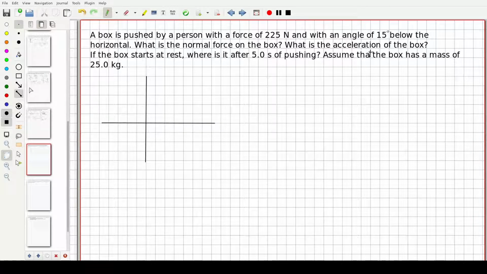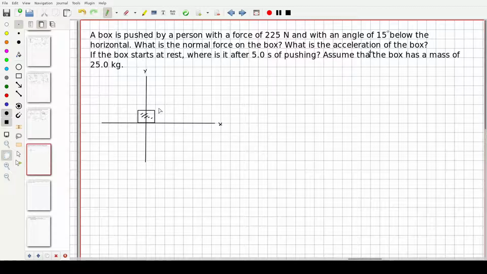So this is your first example, really, of a series of forces acting on something that's not just along the x direction or just along the y direction. This is an actual full two-dimensional problem. So here's our box. It has a mass.